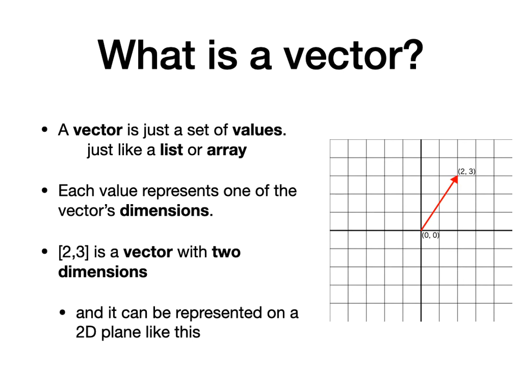The way you can visualize a vector in your mind, though, is that every value in that vector is one of the vector's dimensions. So you can look at a line on a graph. This vector goes from 0, 0 to its vector value of 2, 3. So it's at position x equals 2, position y equals 3. So 2, 3 is a vector with 2 dimensions.